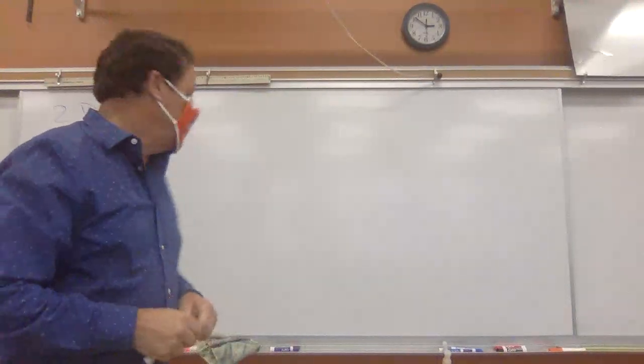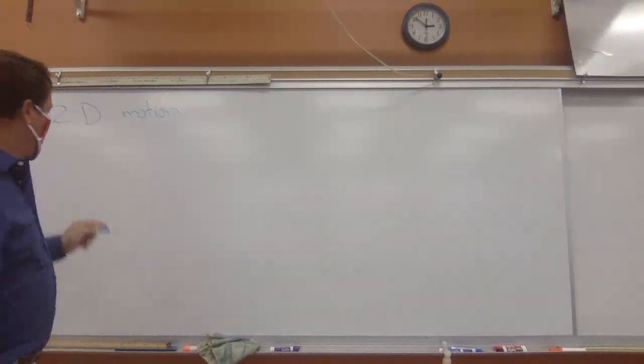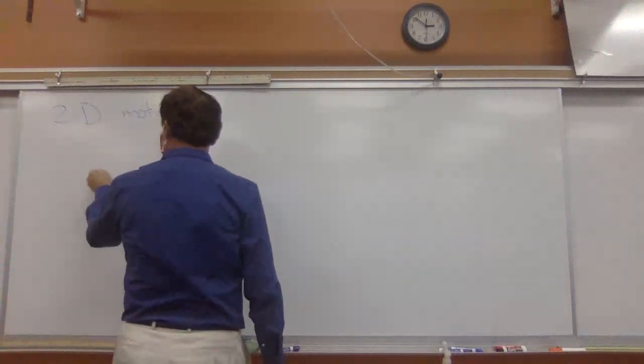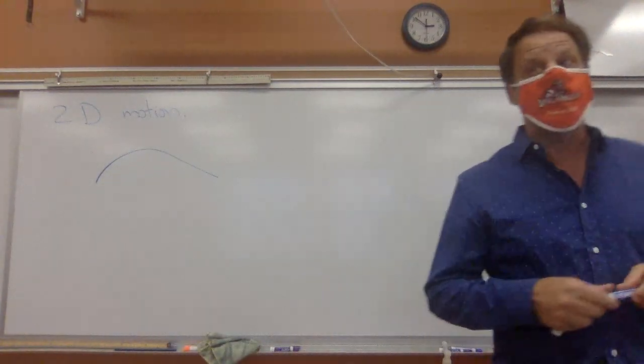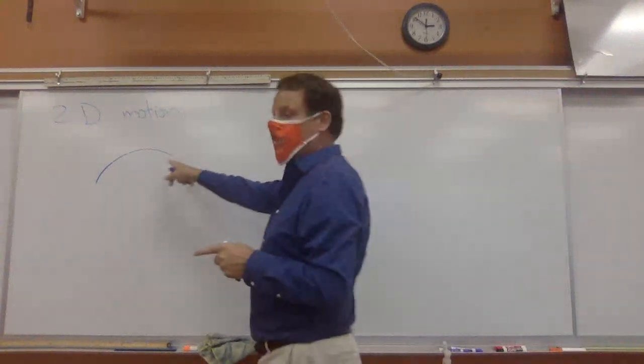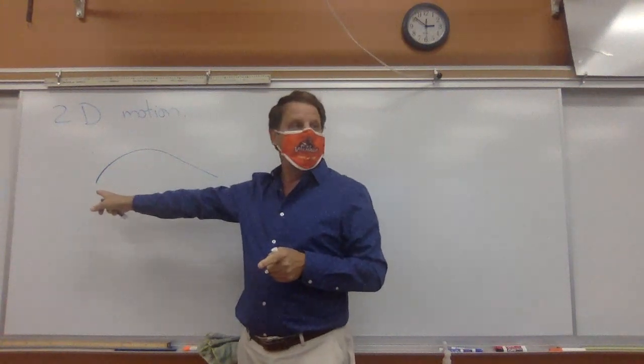All right, so you guys, in two-dimensional motion, okay? If we have the path of an object that goes something like this, so not in a straight line, not purely in the x direction, not purely in the y direction.